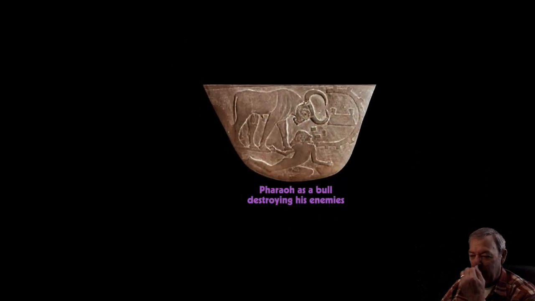And then down here, Pharaoh as bull, the divine bull, right? Destroying this city. You can see it's a walled city with defensive wall and towers, and then this urban area inside, the palace perhaps. So he's knocked down the wall, and he's taking control of the city while he tramples his enemies here underfoot.